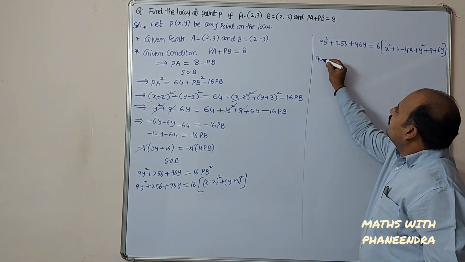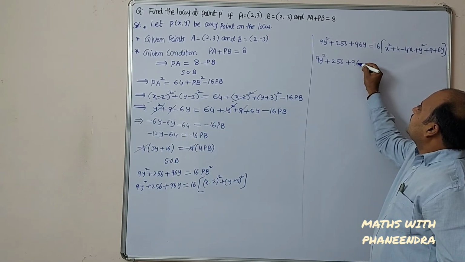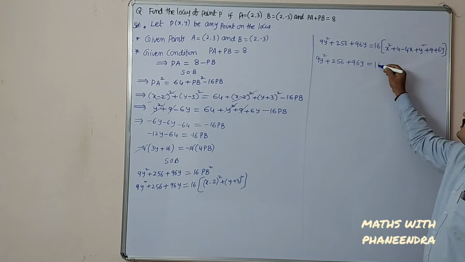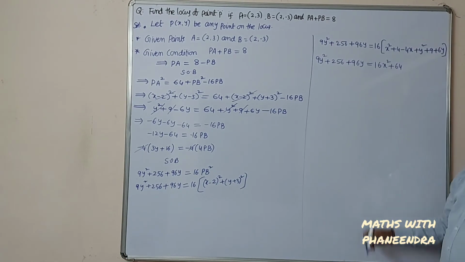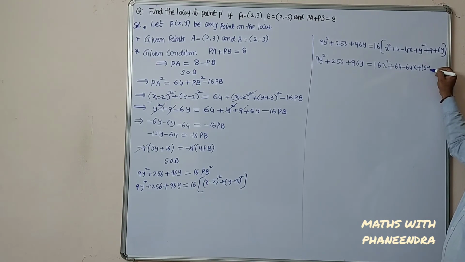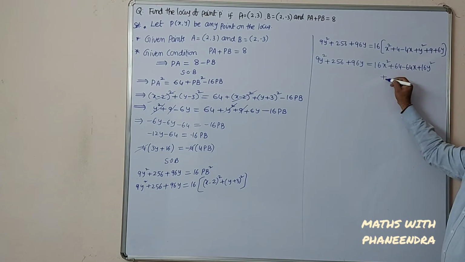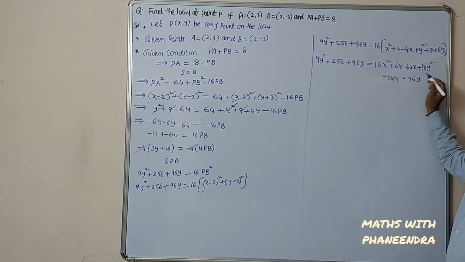So 9y square plus 256 plus 96y is equal to 16x square plus 64 minus 64x plus 16y square, 16 times 9 is 144, plus 144, plus 96y.